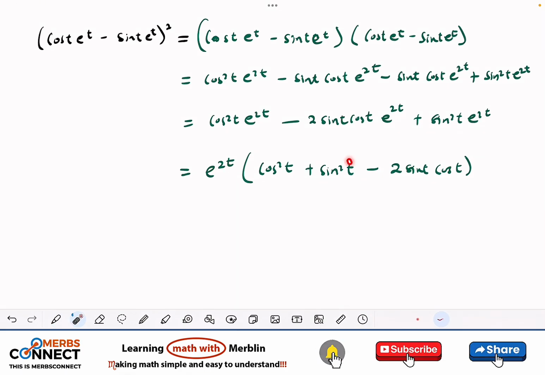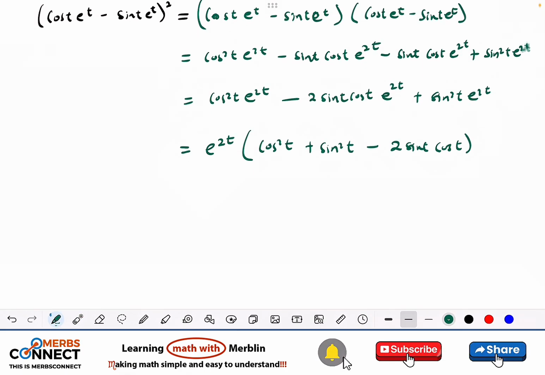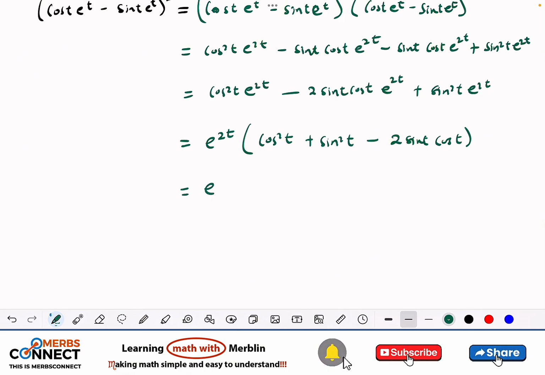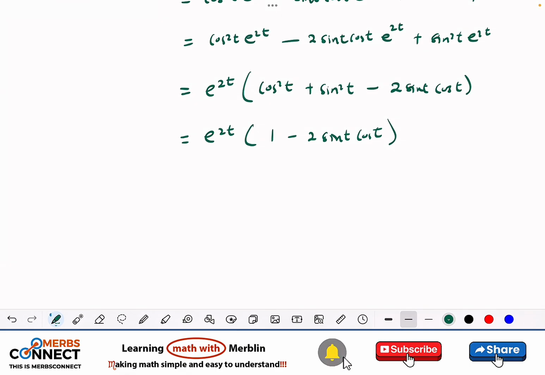So we know that cos² t plus sin² t is going to give us 1. So we are going to have e^(2t) times (1 minus 2 sin t cos t). Then when I multiply it back, I'm going to have e^(2t) minus 2 sin t cos t e^(2t).